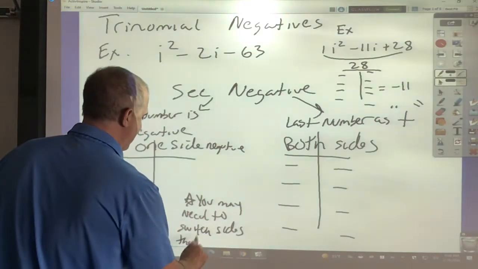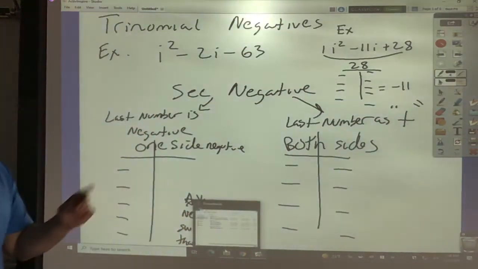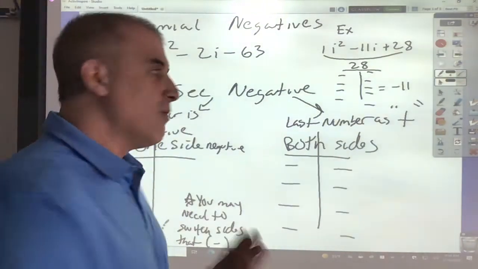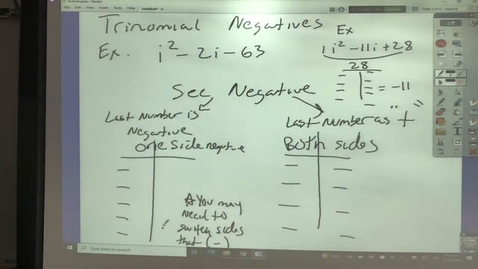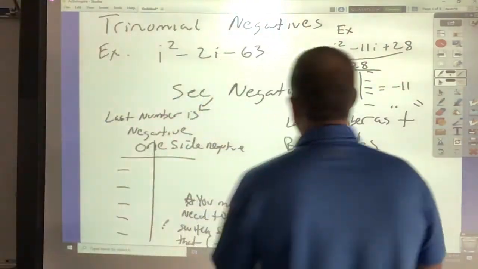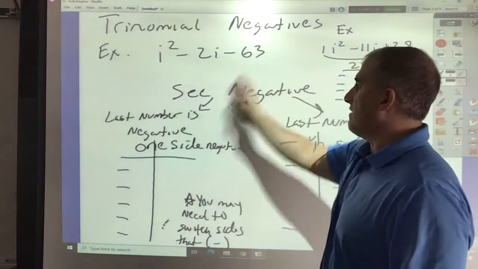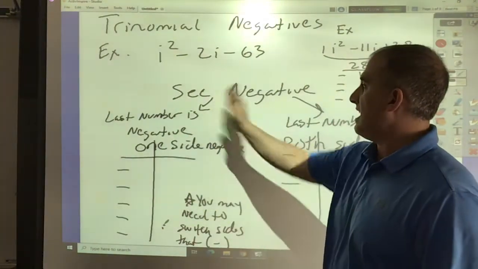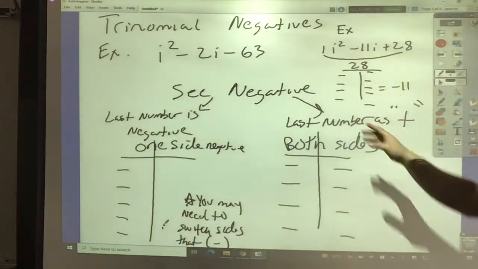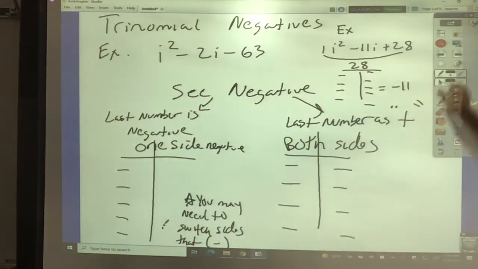We'll explain that in a little bit when we go through our examples. What I want you to do is identify how many sides are negative in your chart. Remembering, if you see a negative and the last number is negative, we're going to do one side. If we see a negative and the last number is positive, we're doing both sides.